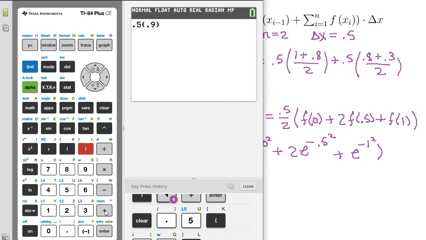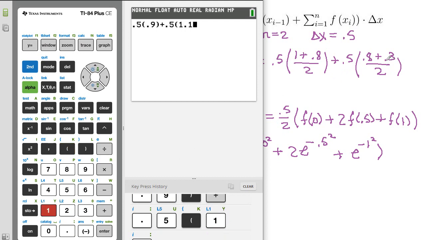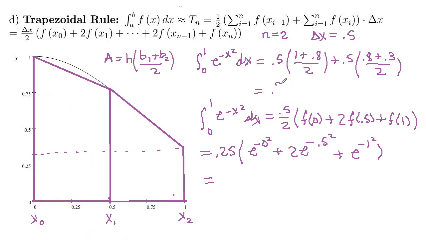And then plus 0.5 times 0.8 plus 0.3, 1.1 divided by 2. Close that up. So 0.725. And this will be an approximation.